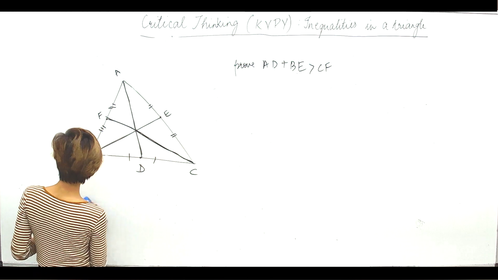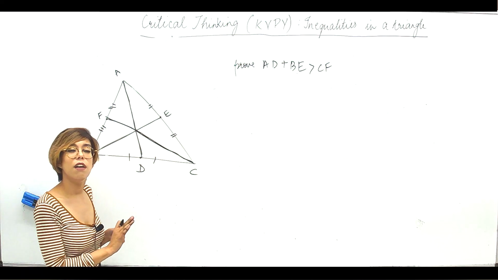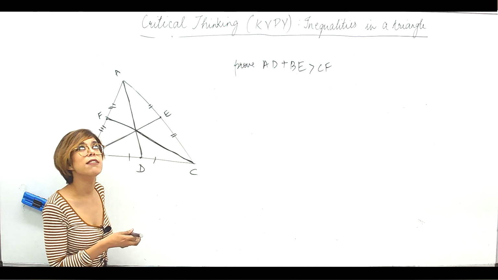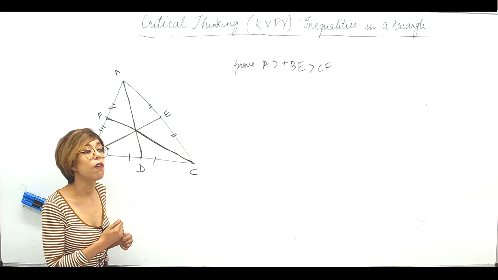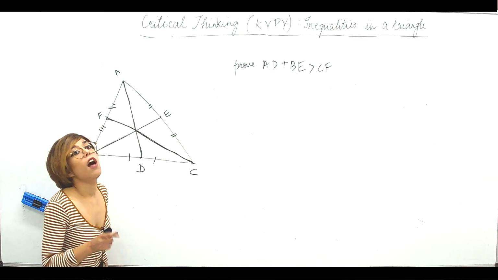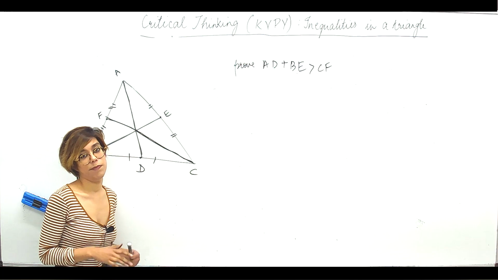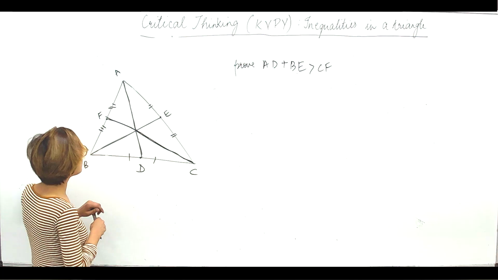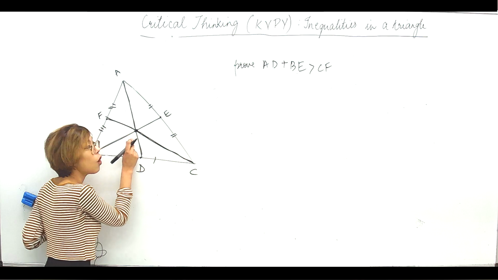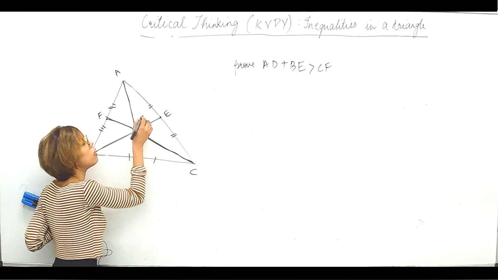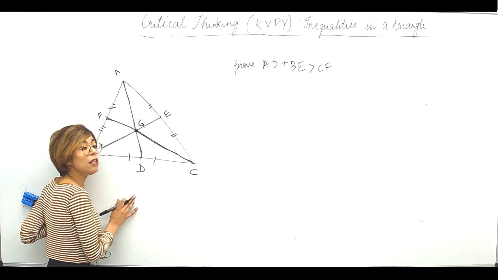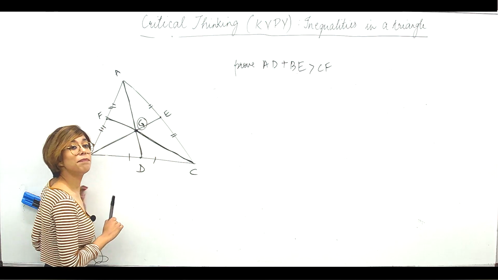Okay, what is the special point related to medians in the triangle? Circumcenter. No. Incenter. No. Orthocenter. No. Starts with C. Centroid. Right? Point of intersection of the medians is called centroid, and I think we denote it by G. Now, this is a very nice point, isn't it?